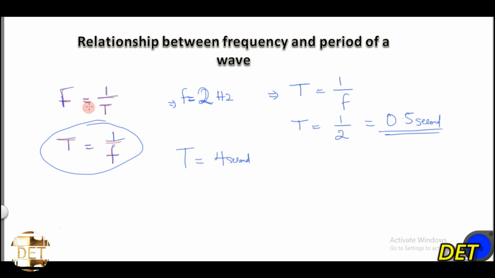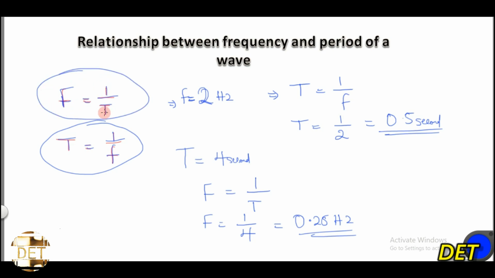You should know that the frequency f is equal to 1 over the period. So f is equal to 1 over 4, which is this 4 seconds. 1 divided by 4 will give us 0.25 Hz, right? So it's very important that you know the relationship between the frequency and period of a wave: f is equal to 1 over T, or T is equal to 1 over f, right?